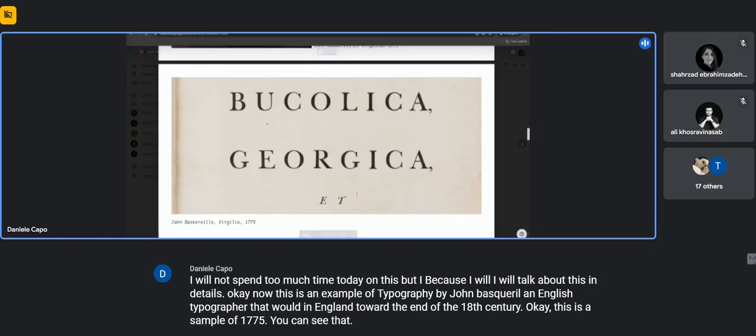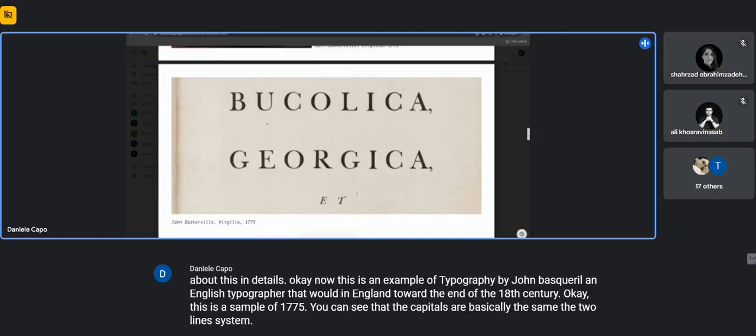You can see that the capitals are basically the same, the two-line system, everything that we saw. You can see also that contrast is enhanced here.